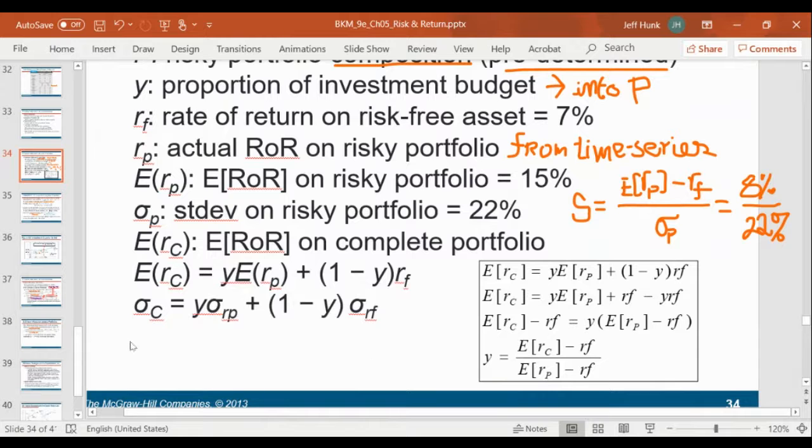Okay, and how do you solve for weight? The question is, how do you solve for weight? We can solve for weight this way, because the expected return on the complete portfolio is by definition like this.